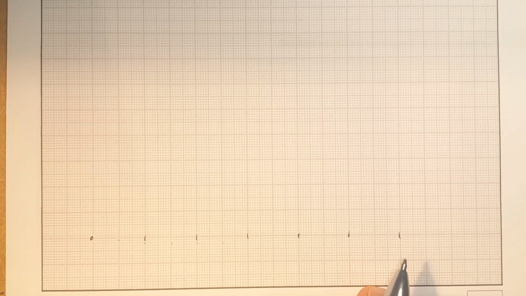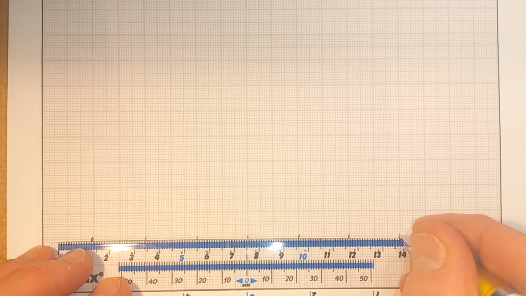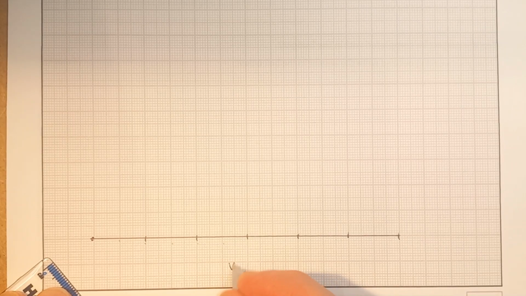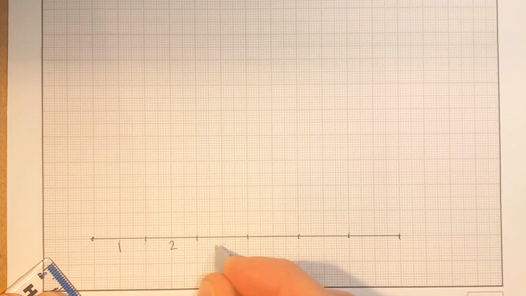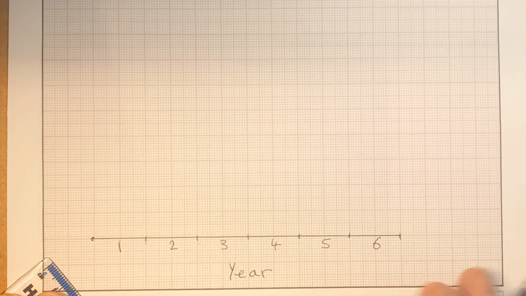Yeah, that feels a bit better. So long as you're using the same width for each of the bars. So these are going to be my years. And that's going to be year 1, year 2, year 3, 4, 5, and 6.